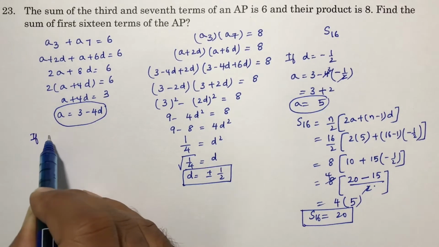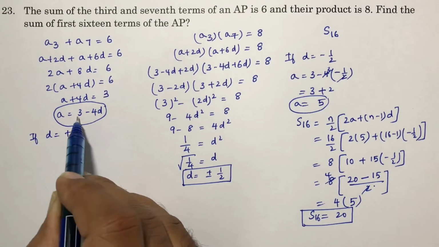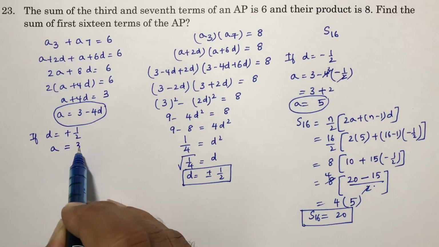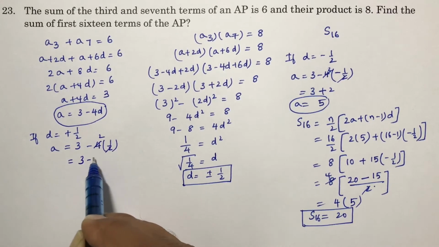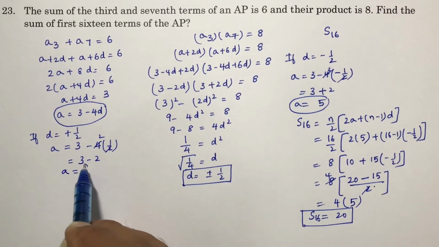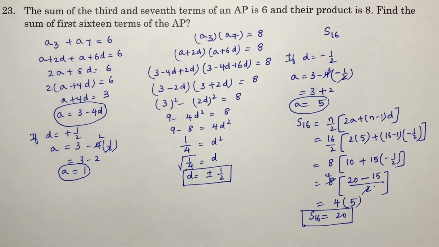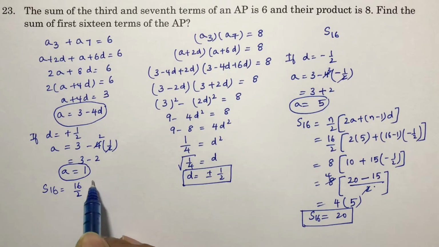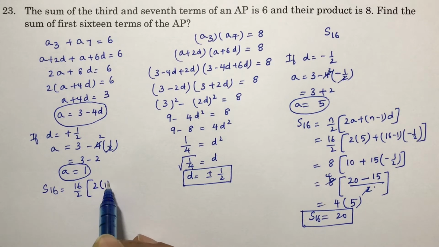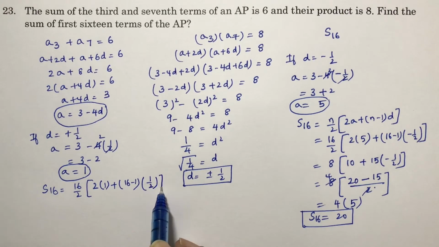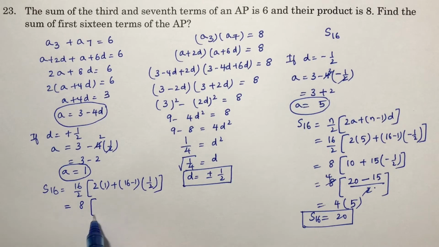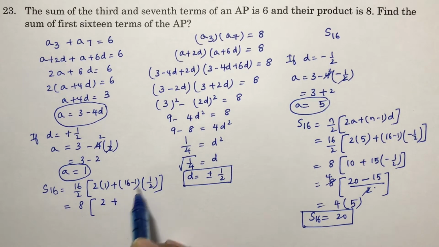Suppose D is plus 1 by 2. Substitute here. A equals 3 minus 4 into 1 by 2, 3 minus 2, 1. A value will be 1, D is 1 by 2. We need to find S16. So 16 by 2 into 2A, A is 1, into 16 minus 1 into 1 by 2. 16 by 2 is 8. 2 plus 15 into 1 by 2.